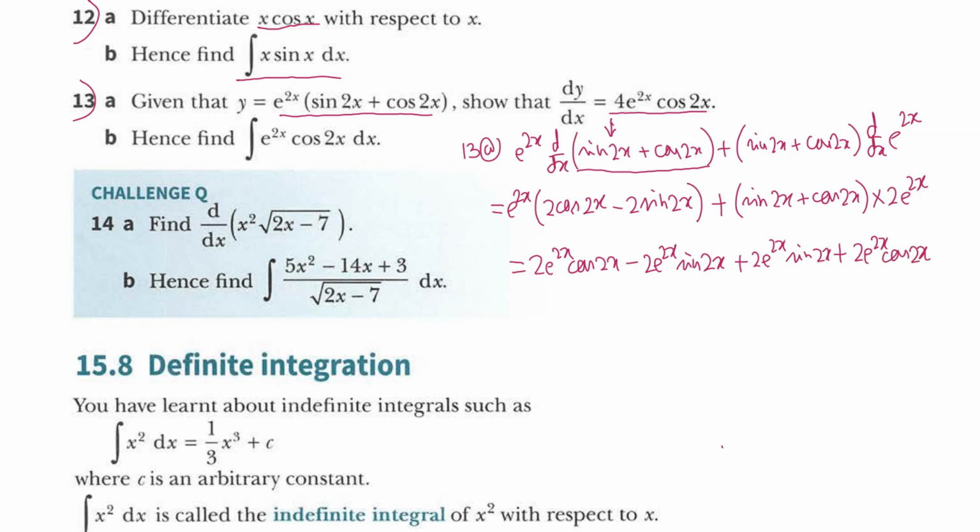This is the total expression. So let me see, 2e^2x sin 2x, we can cancel those terms, then only the same expression remains, so we can add. So we got from here 4 e to the power 2x cos 2x. So this is our answer, the part we are going to show is written here.